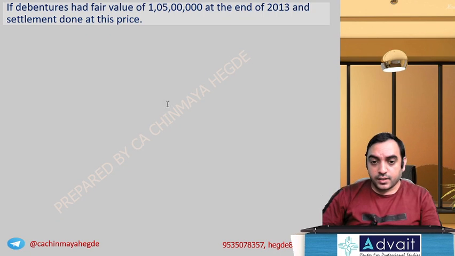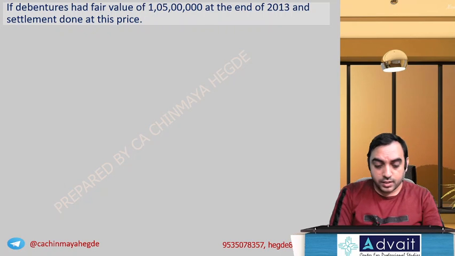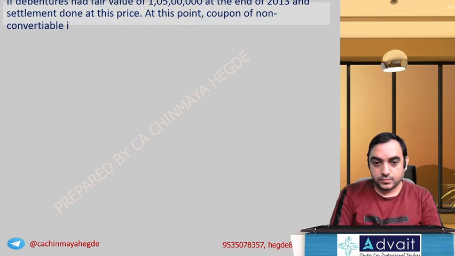Just write down one more thing in the heading: the coupon rate of non-convertible bond as on this date. At this point, the coupon of non-convertible is 11%.